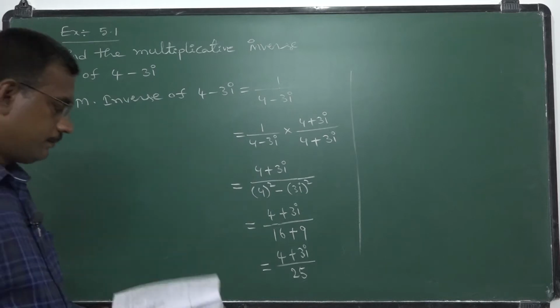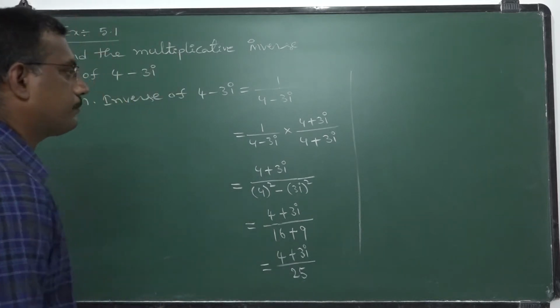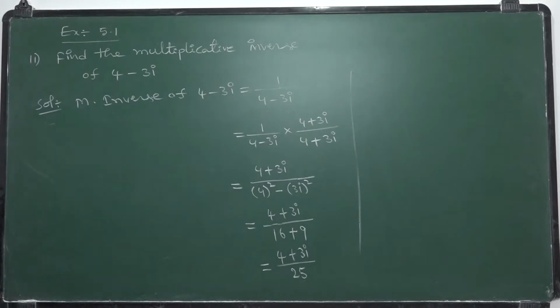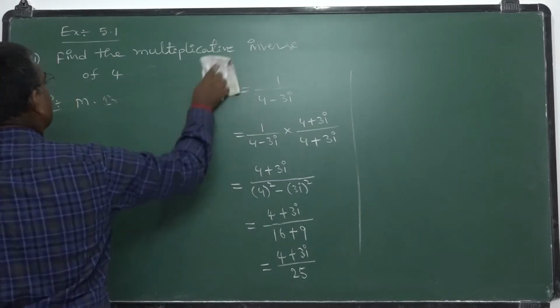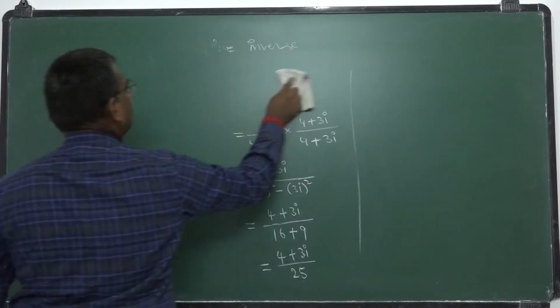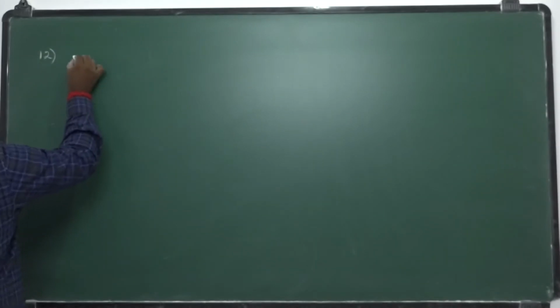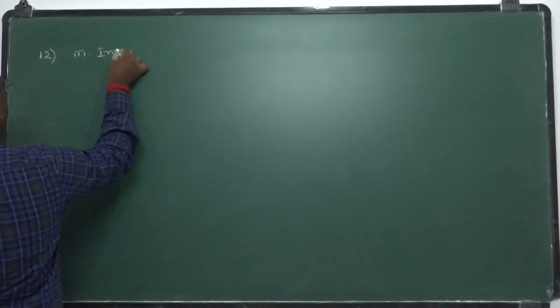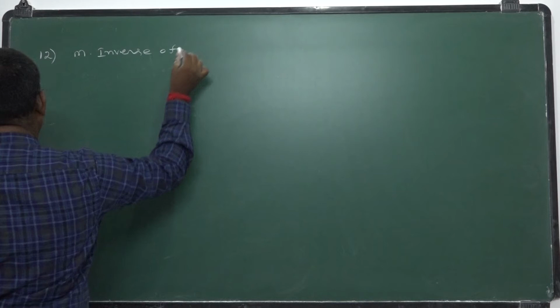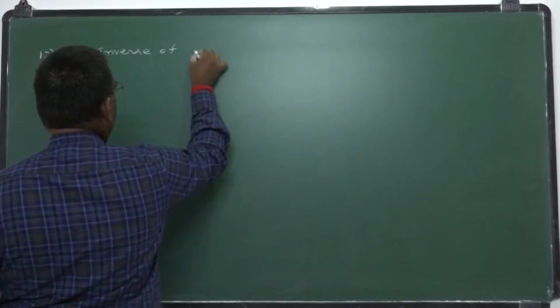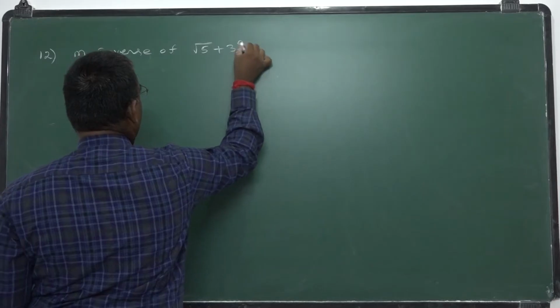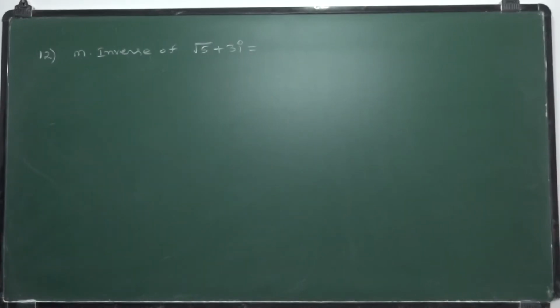Next, 12th problem. Find the multiplicative inverse of root 5 plus 3i.